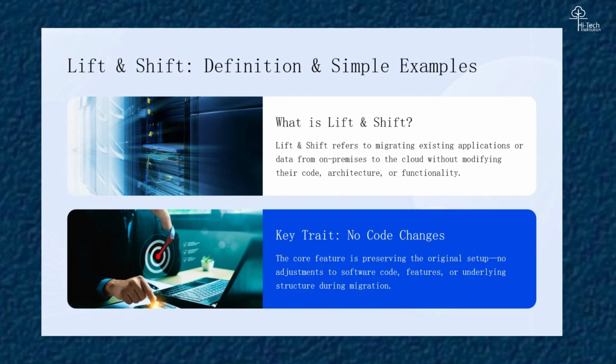The core feature is preserving the original setup. We won't apply any changes at the software level, the feature level, or to the underlying structure during migration. We just migrate the exact on-premises infrastructure. That is lift and shift.